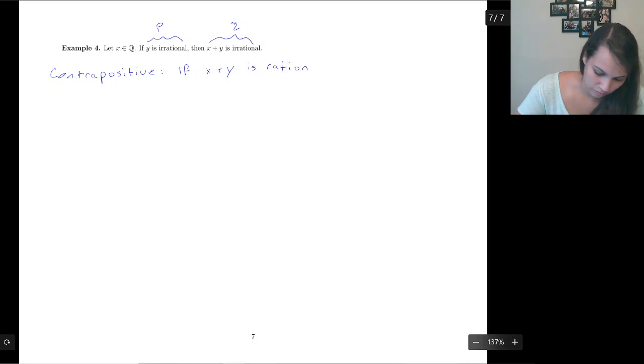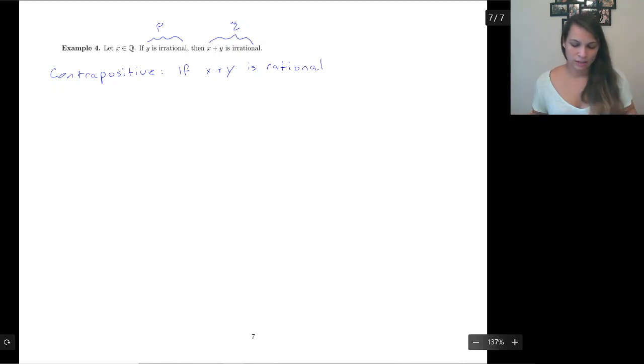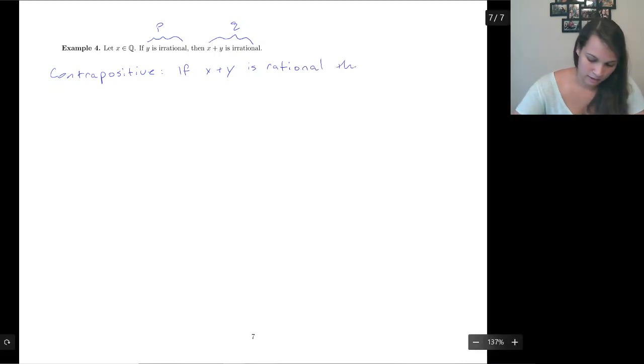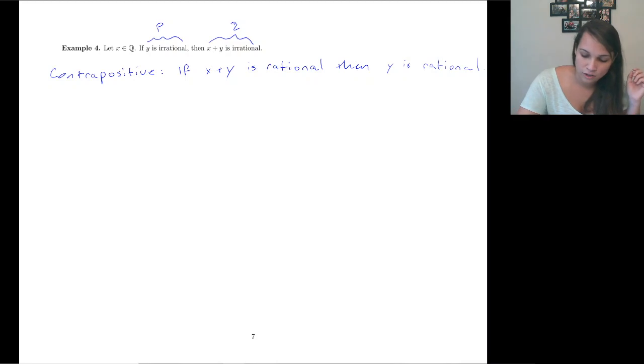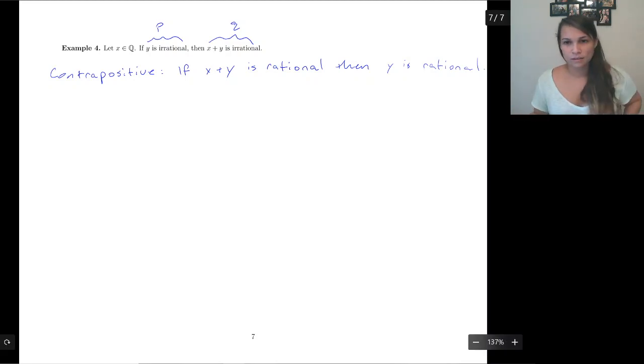Thank goodness. Then not P would be y is rational. And then this is essentially the domain. We leave it alone. Domains don't get changed. All right, we can deal with rationals. That's better.